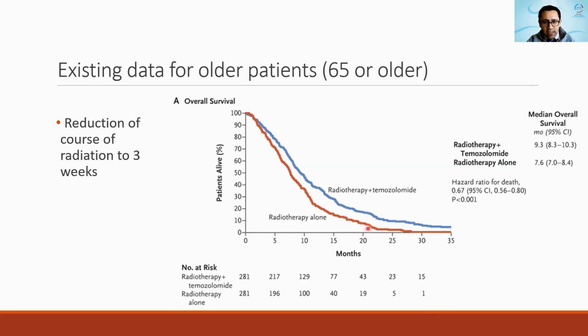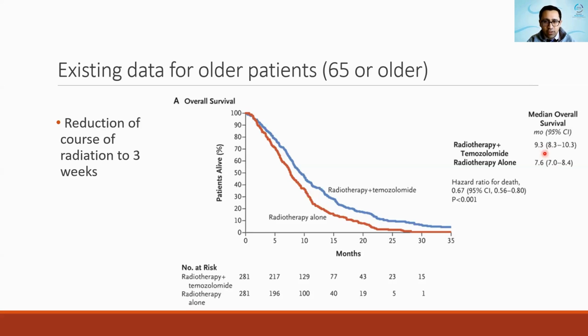So we do see that there is still a difference with a combination therapy, with the reduction of side effects by reducing the duration of radiation. However, this difference is not as profound as what was seen previously on the previous curve, which was for all comers regardless of age. Median overall survival was close to 9.3 months.